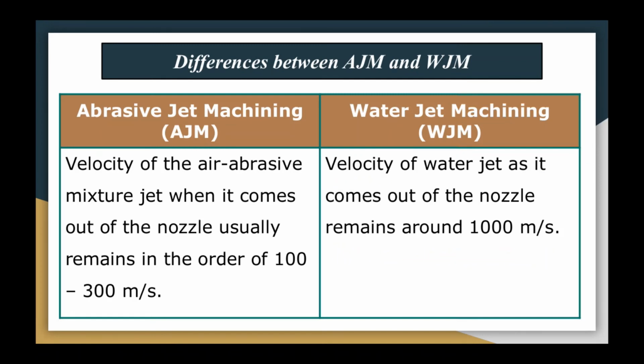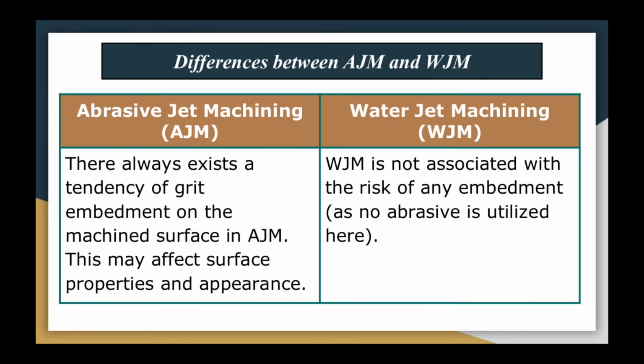In case of abrasive jet machining, there always exists a tendency of grit embedment on the machined surface. This may affect the surface properties and appearance. Water jet machining is not associated with the risk of any embedment as no abrasive is utilized in this process.